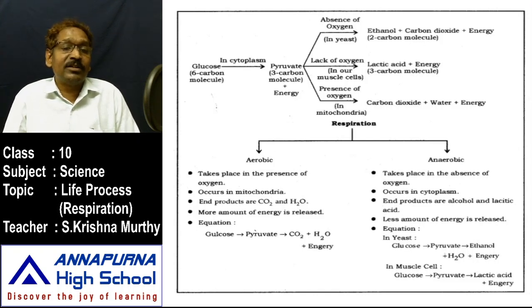At that time it leads to a lack of oxygen. With lack of oxygen, the pyruvate converts into lactic acid and energy. We know very well about this. What happens whenever our body produces lactic acid after exhausting the oxygen in the body?